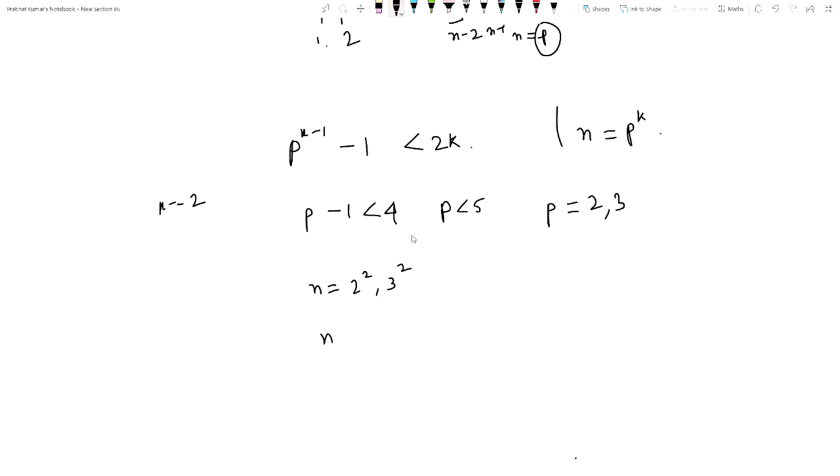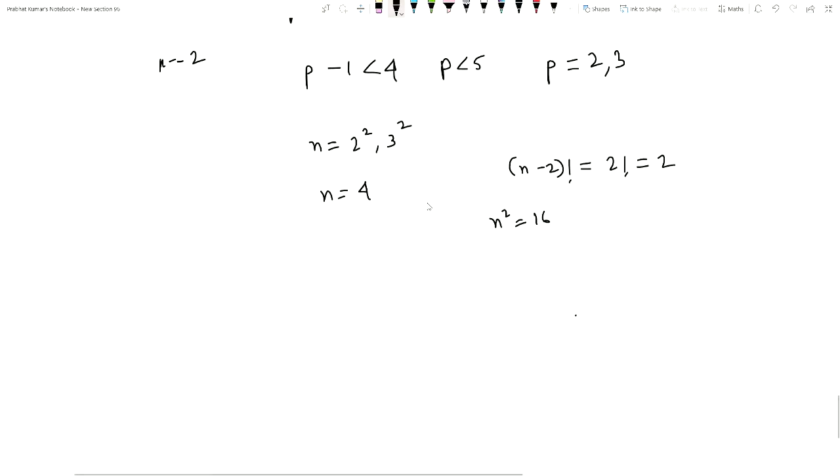So if n is 2 square, that is 4, it's easy to check that n minus 2 factorial is 2 factorial, which is 2. So n square, that is 16, will never divide 2, right? 2 is smaller than 16, so this will not divide.